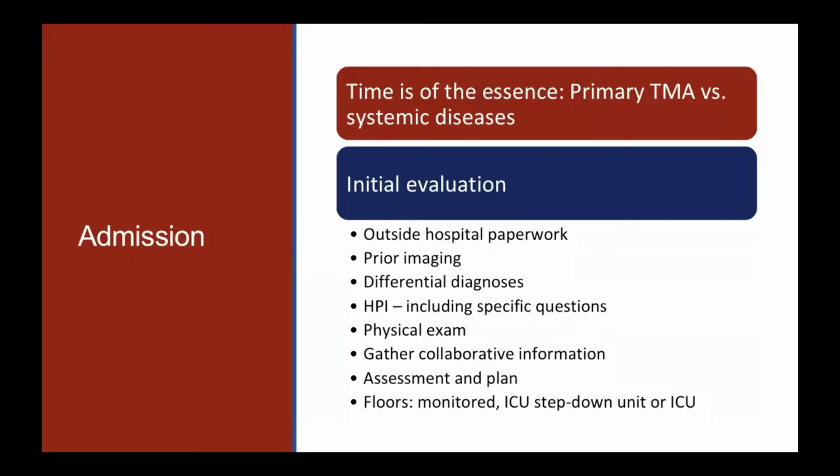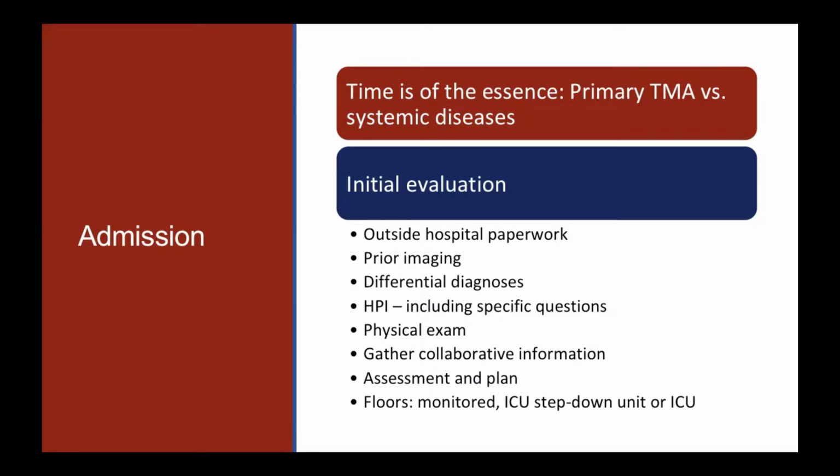When you receive a patient with these symptoms, time is always of the essence whenever you are considering primary TMAs versus other causes of hemolysis and microangiopathic hemolytic anemia, of course. So the initial evaluation for our service and myself will be, in a timely manner, to see the patient themselves, review the outside hospital paperwork and any prior imaging, and come up with a broad differential for someone who's presenting with these symptoms.